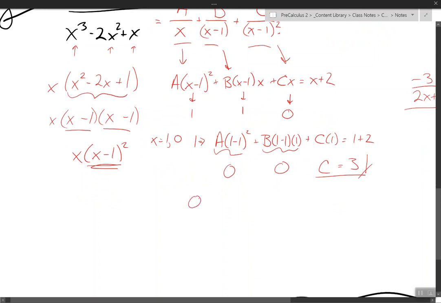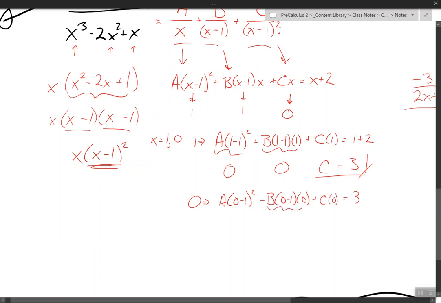Do the same thing again, this time with 0. So we've got A times 0 minus 1 squared, plus B times 0 minus 1 times 0, plus C times 0 equals 3.